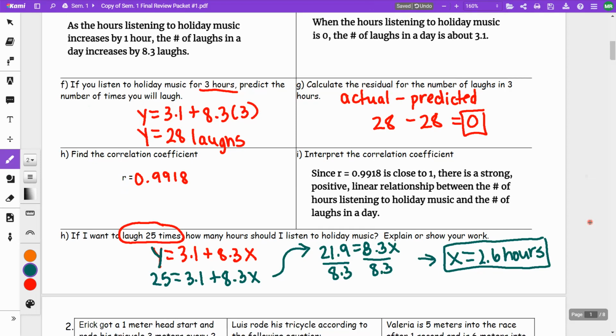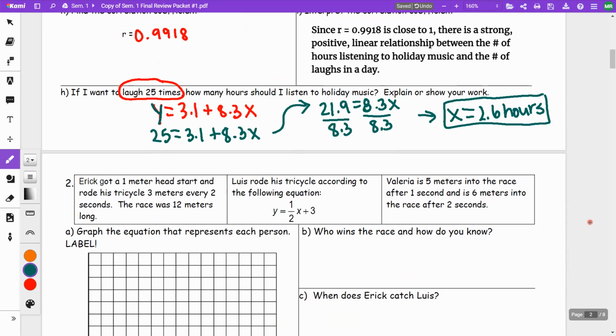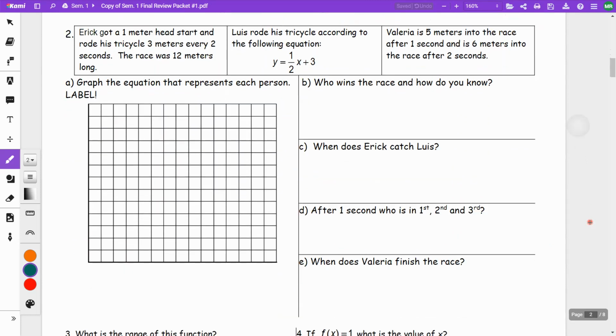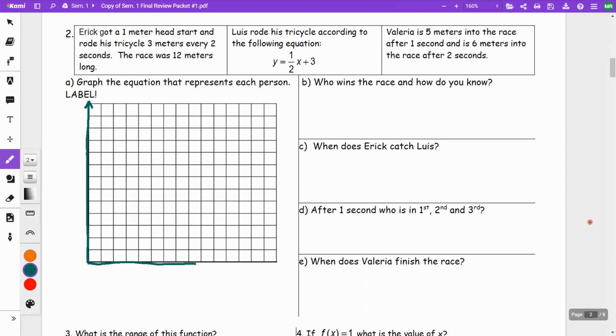Okay. Now the next problem, we're dealing with the tricycle race. So I am going to set up my X and Y axis. Now remember, the X axis is seconds.